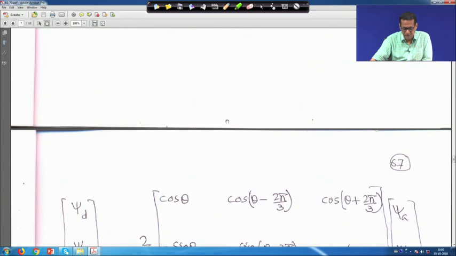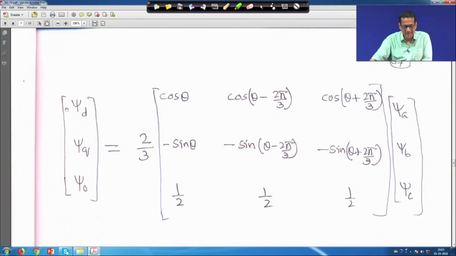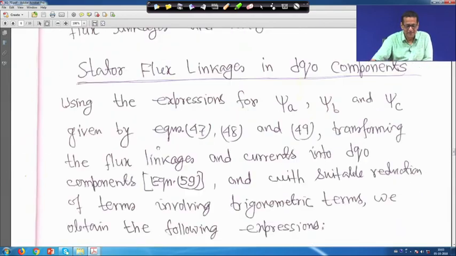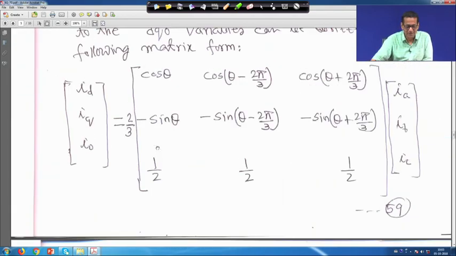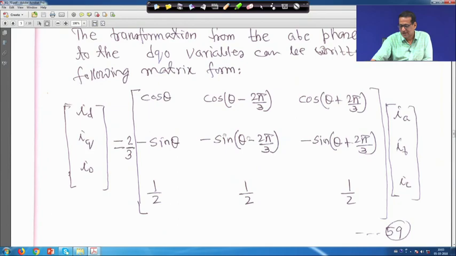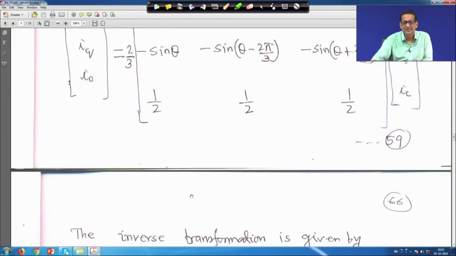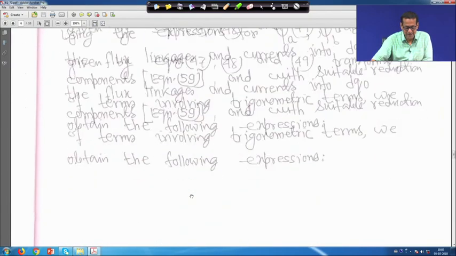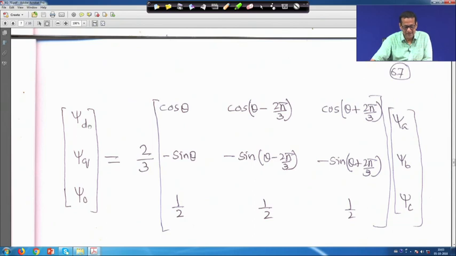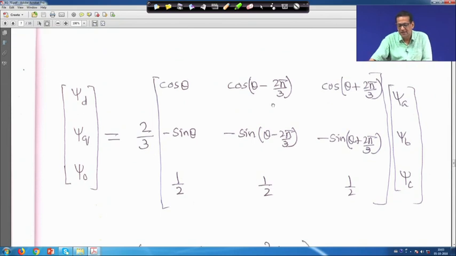So you will find psi D, psi Q, psi 0 same as before, like ID, IQ, I0: 2/3 into this matrix, the same thing for flux, only the variables are flux, psi D, psi Q, psi 0, with 2/3 times cos theta, cos theta minus 2 pi by 3, cos theta plus 2 pi by 3.